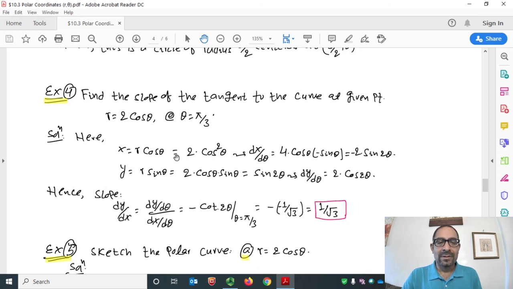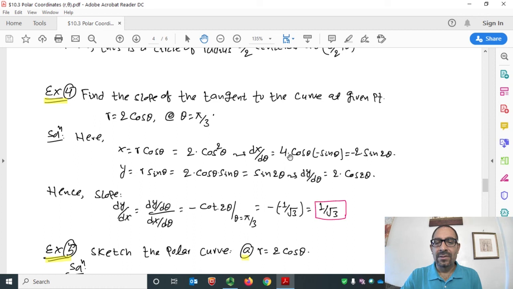So in the next step, r equals 2 cosine theta, so x is 2 cosine theta times cosine theta, which is 2 cosine squared theta. Take the derivative, dx over d theta turns out to be negative 2 sine 2 theta. We know sine 2 theta equals 2 sine theta cosine theta.